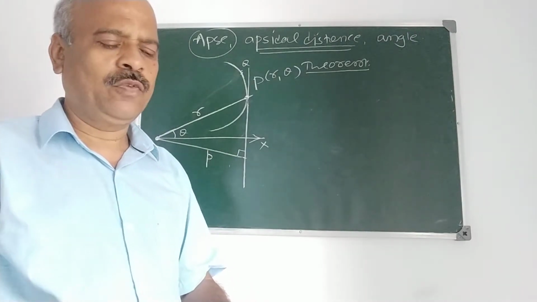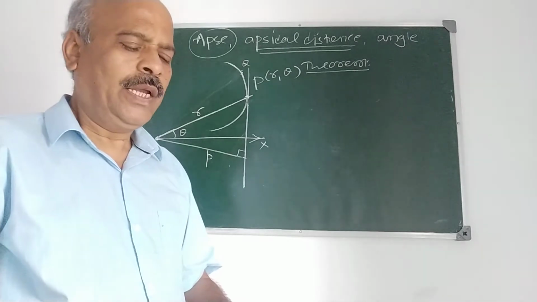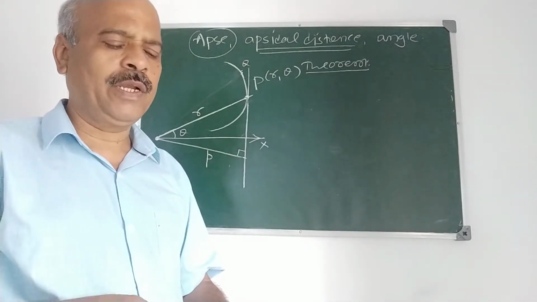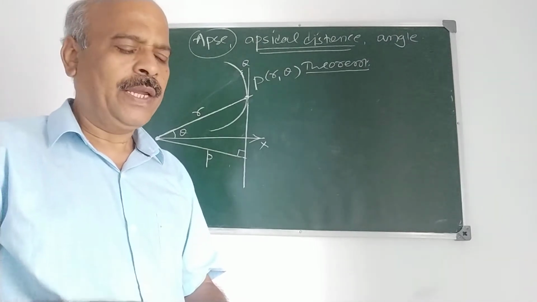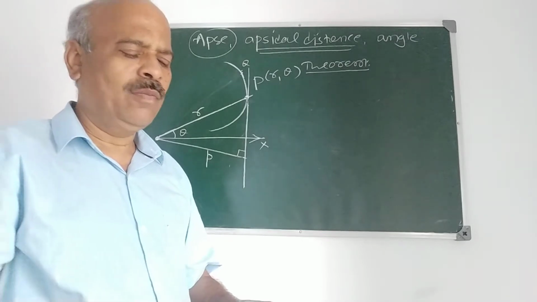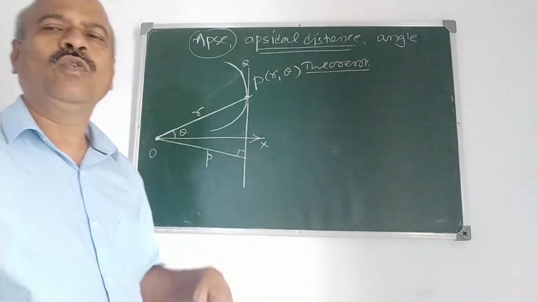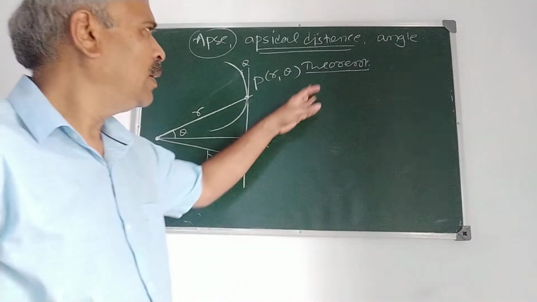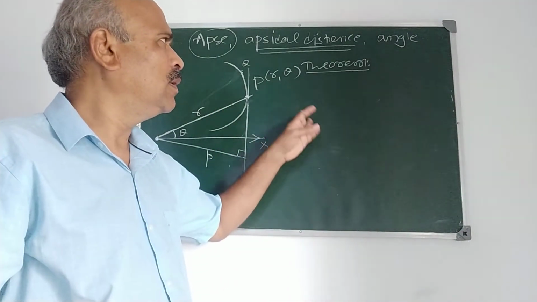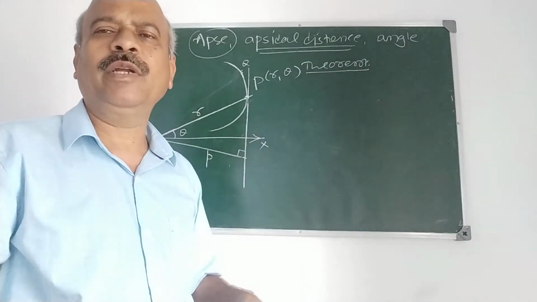Correct? Therefore, the statement is like this: at an apse, the radius vector is perpendicular to the tangent, or at an apse, the particle moves at right angles to the radius vector. How do you prove this? We prove this using the equation of the central orbit.